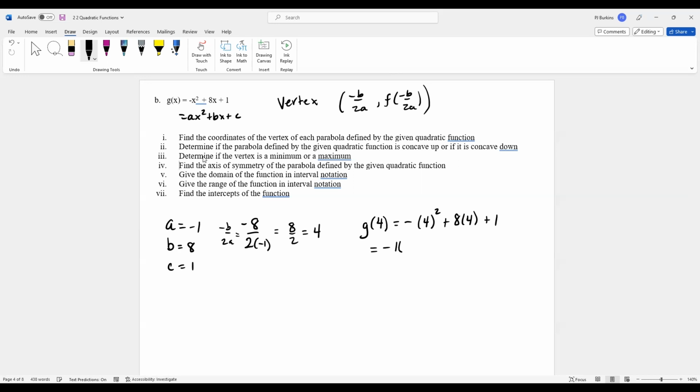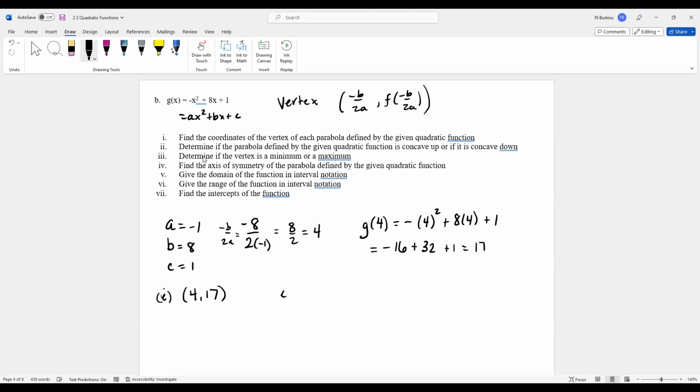So that's minus 16. Then 8 times 4, that's going to give us 32, plus 1. So it looks like we're going to have 17. So our vertex is the point (4, 17).